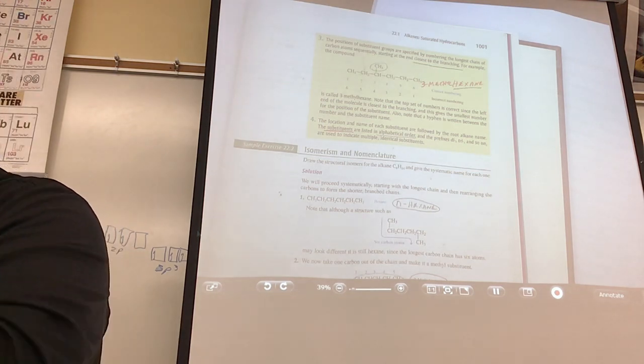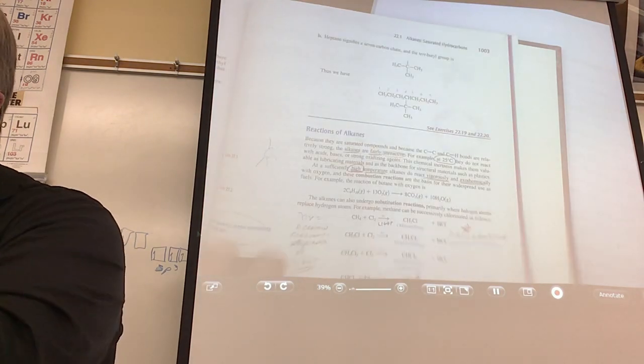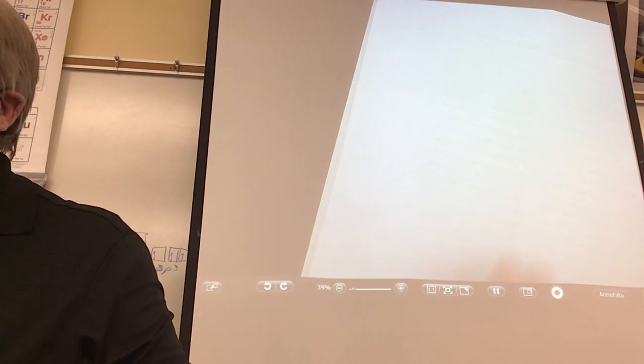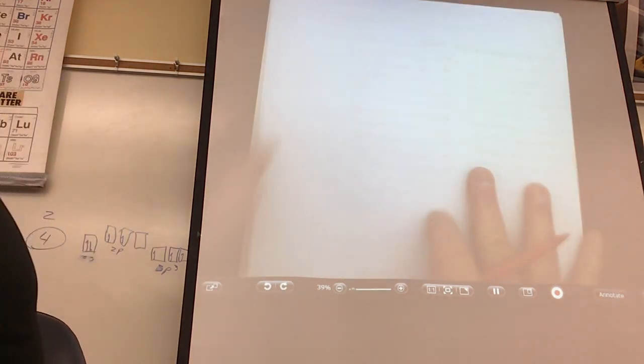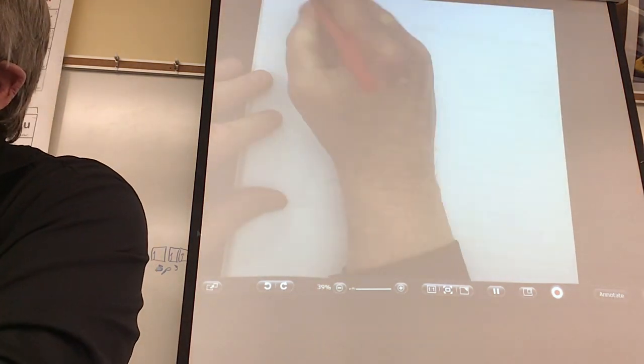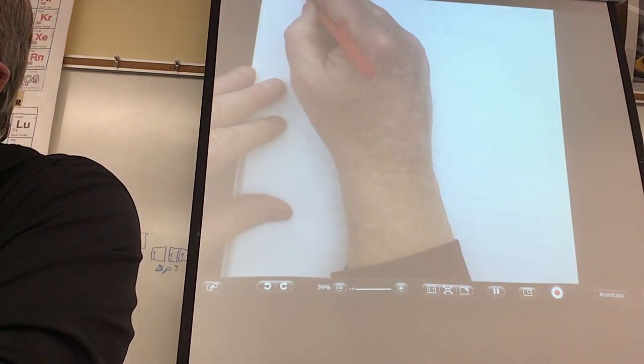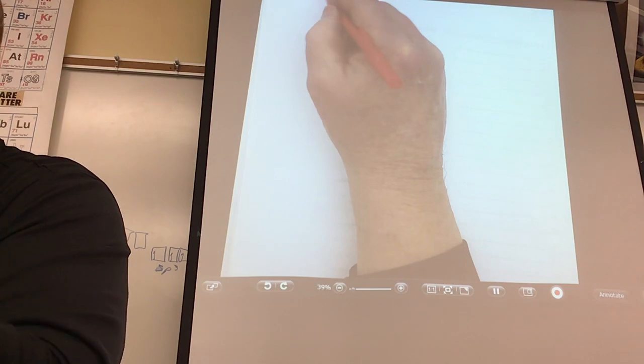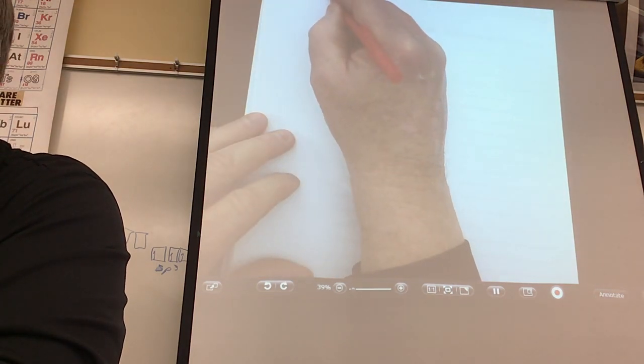I'd like to start out with baby steps. We'll try to write them out. I'm not sure I'm going to get whiteboards out today. Let's do methane.